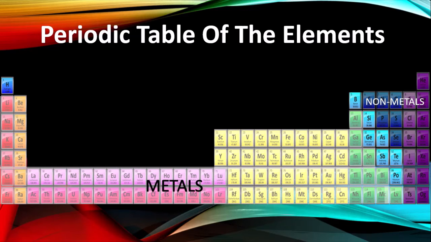All the elements on the left side are the metals, and the elements on the right side are the non-metals, except for hydrogen, because hydrogen is a non-metal. The metals are separated from the non-metals with the help of semi-metals.